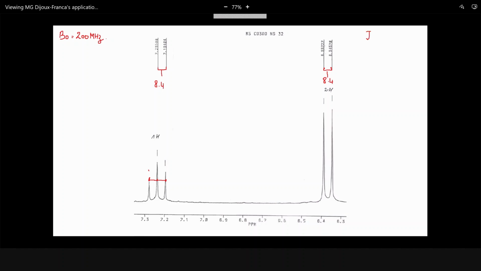of what type? Is it ortho coupling, meta coupling, para coupling? Hello? It is ortho coupling. Yeah.